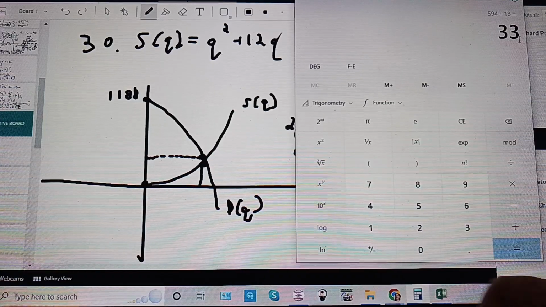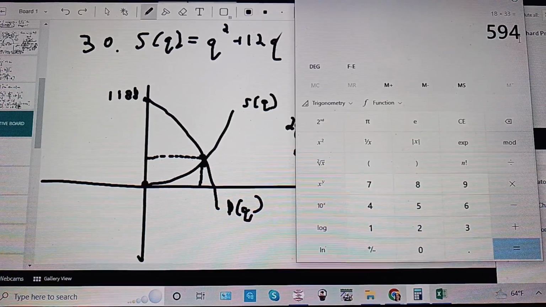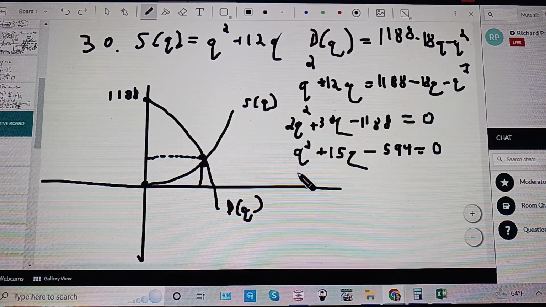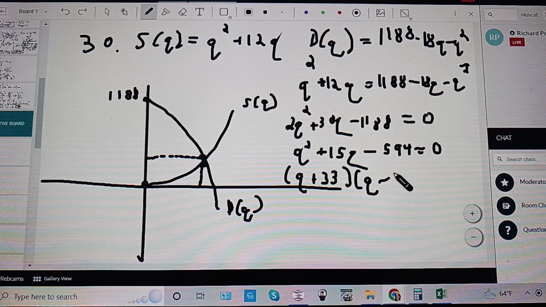18 times 33 is how you're getting 594. And 18 and 33 are 15 away from each other. So I can use the graph to help me figure this out. And it's a positive 15, so that means the bigger number has to be positive in the factoring portion. So if I had a positive 33 times a negative 18, that would get me the negative 594.